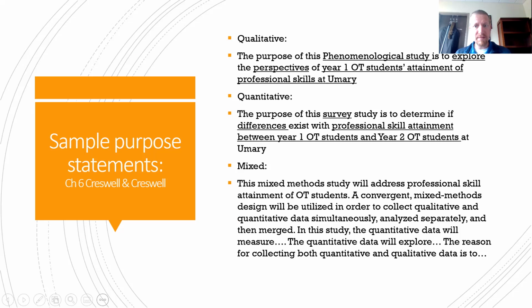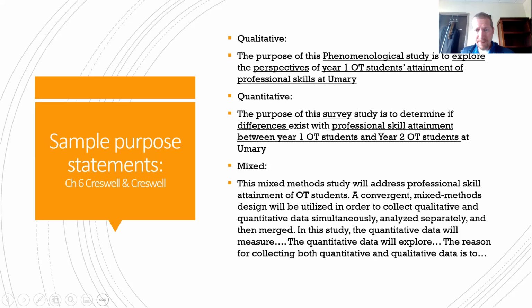Since it's quantitative, I would imagine that it would be a survey in some way, and we're going to be looking at comparing the results of that survey between year 1 students and year 2 students. So the purpose is maybe a little bit more specific or narrow than qualitative, right?